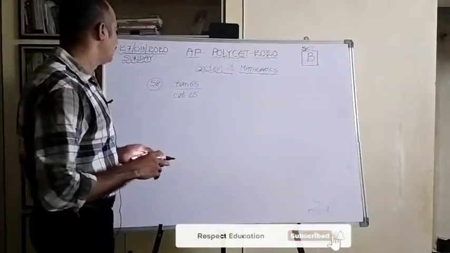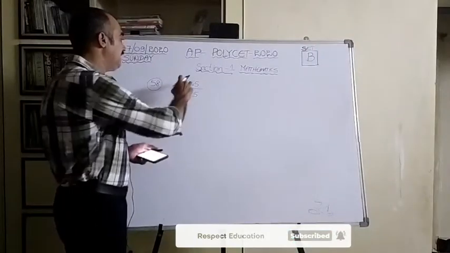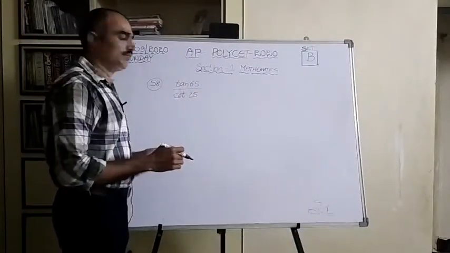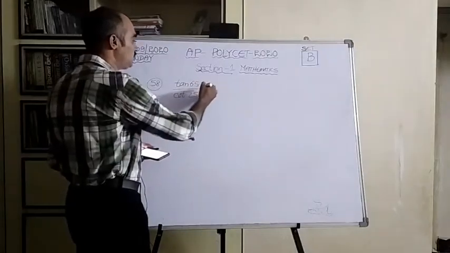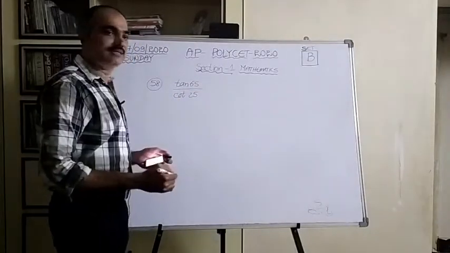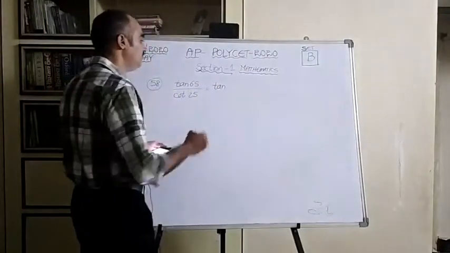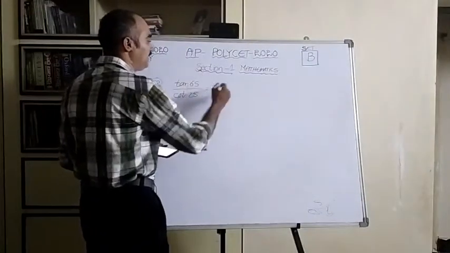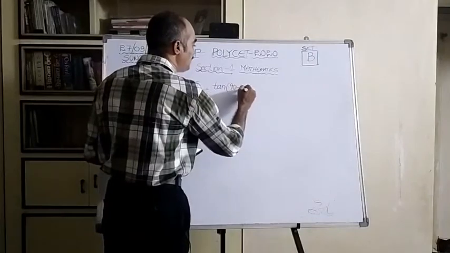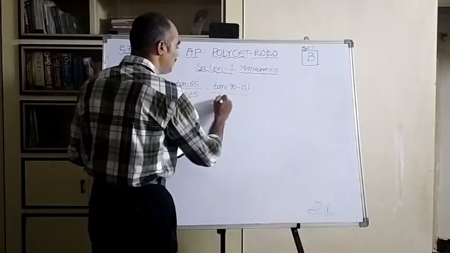Now next question, that is question number 58. Tan 65 by cot 25. So here these two are complementary angles. Let us write tan 65, I am writing 65 as 90 minus 25, whereas cot 25 let us write as it is.